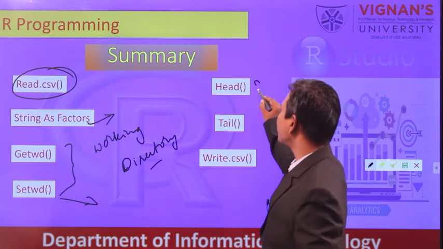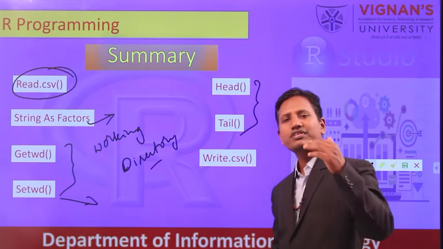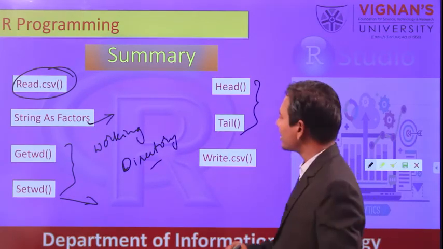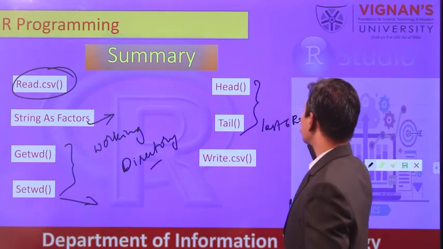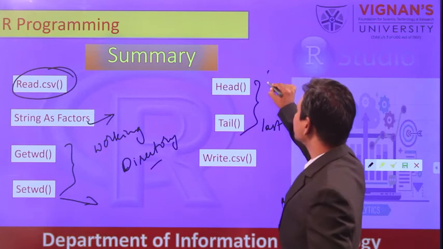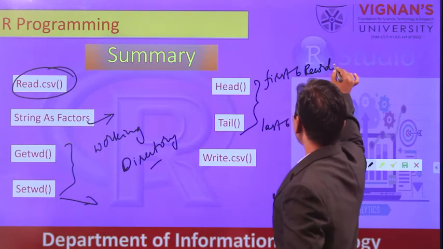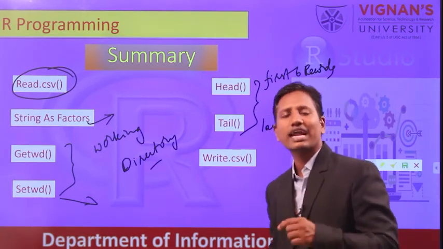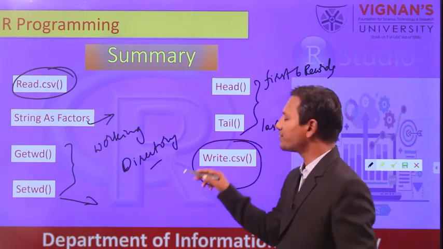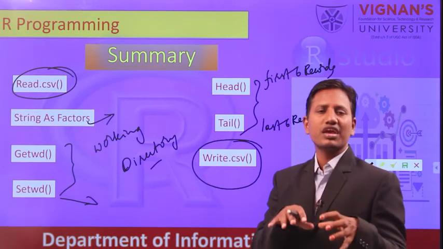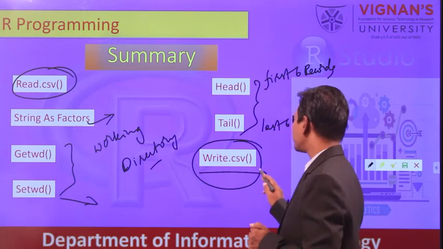And we learned two functions called head and tail. The head gives us the first 6 records of the data frame, and tail gives the last 6 records. Why do we use them? To check whether the data is loaded properly or not. And finally, after doing the modifications, if I want to save this data onto the hard disk, I use the function called write.csv.